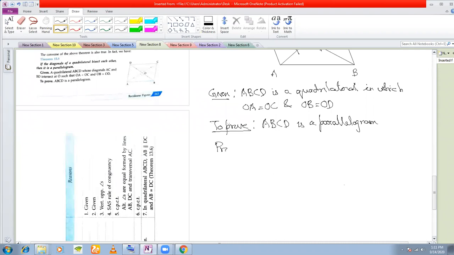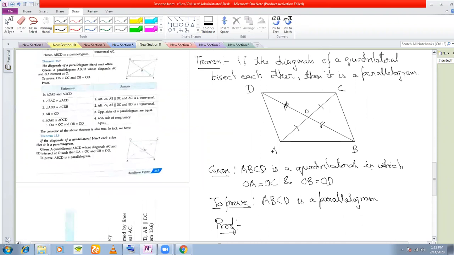Now proceed with the proof. How do we prove that this is a parallelogram? We prove that this side is parallel to this side and this side is parallel to this side. So how do we proceed? We prove that these two triangles are congruent.